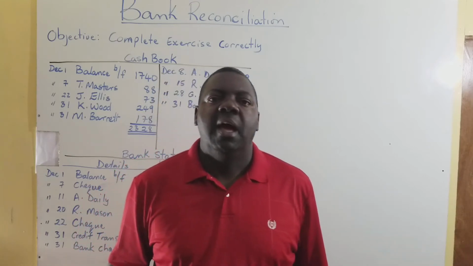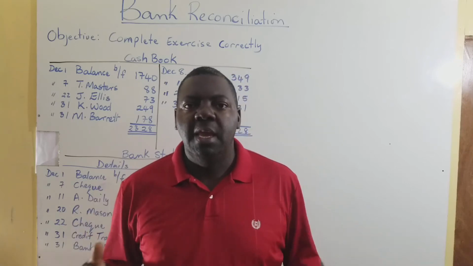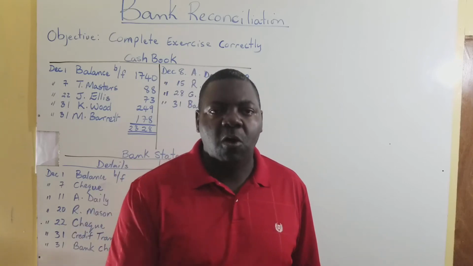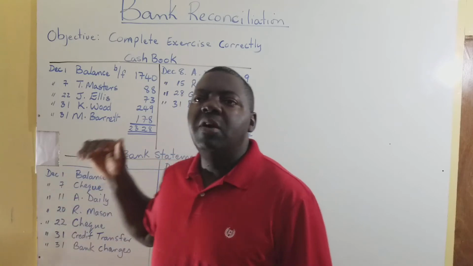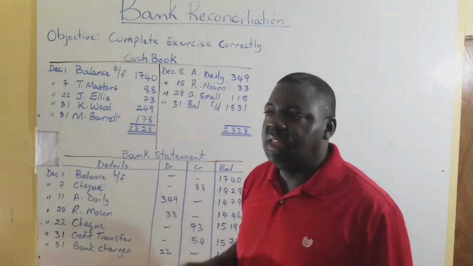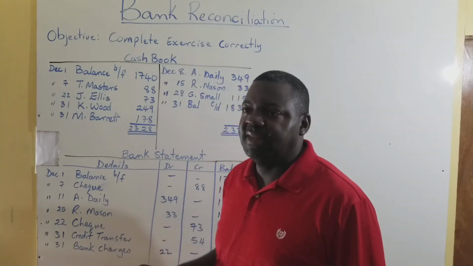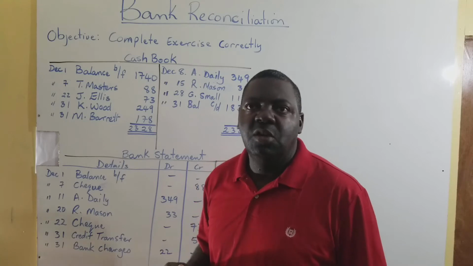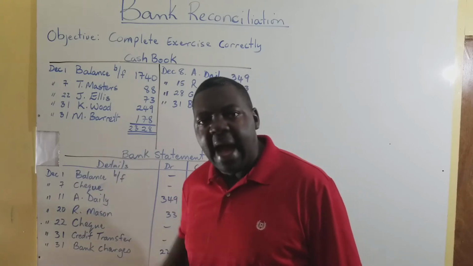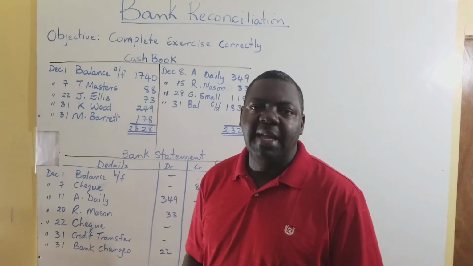All right? And there are times when in our business we have recorded information in our cash book, but it is not stated in the current bank statement because the information would have come in after the processing of the bank statement to us by the bank.